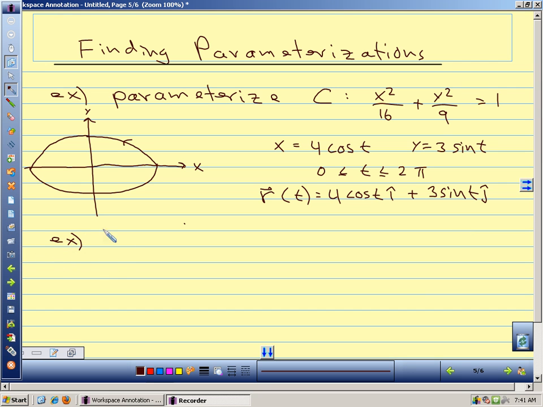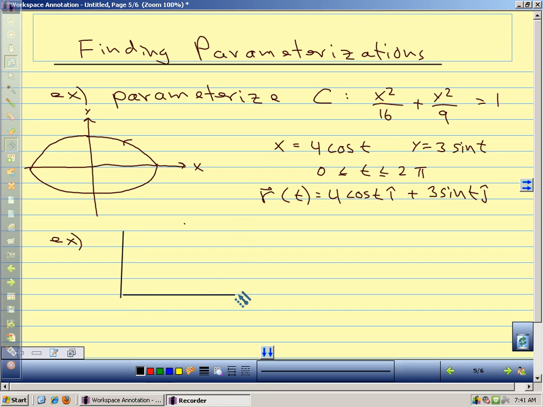Let's parameterize a piecewise curve. So here is our curve. We want to parameterize this curve, and this is y equals x squared.